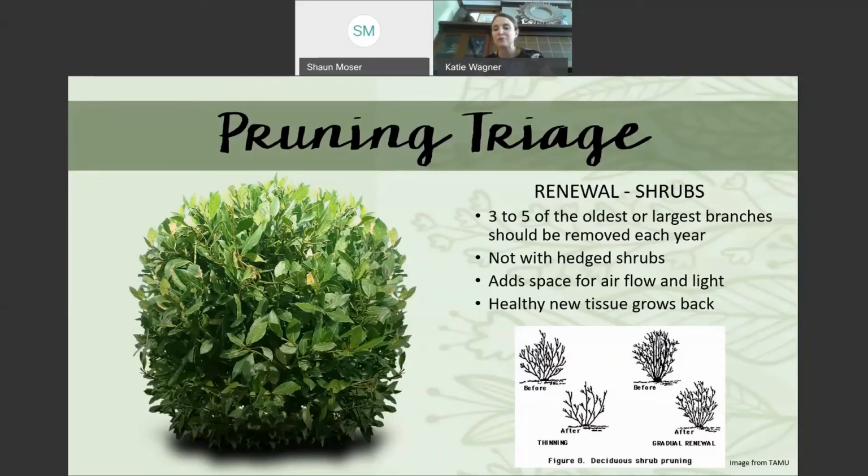Again, remember, pruning stimulates growth. And so you're asking that plant to put a lot of energy into the above ground portions of the plant. Sometimes it's better just to let that plant hang out in the landscape for a while and build up its root mass. So you're not asking it to grow in a place where it doesn't need to grow at the deficit of the place where it really should be putting on that growth, if that makes sense.